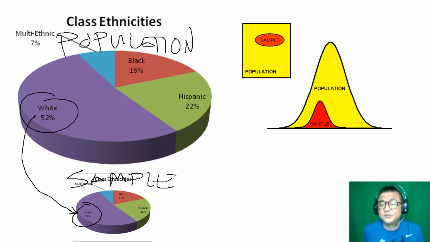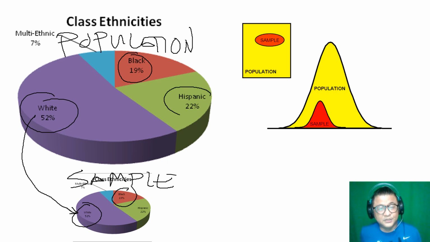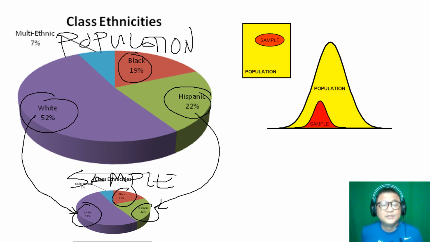You cannot just select one white person. No, 50% of all of them. If about 20% are black, be sure in your sample, 20% are also black. If there are 22 percent Hispanic, the sample should also have the same proportion. Even distribution, you could say that.